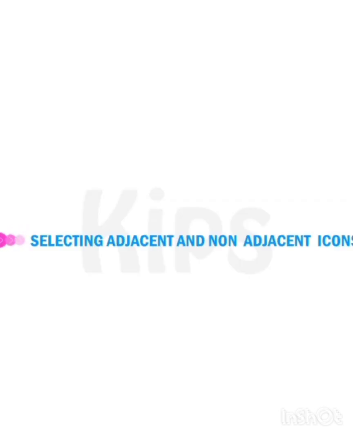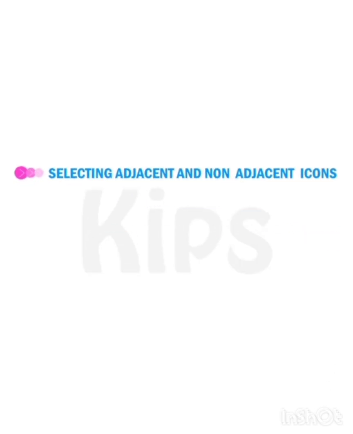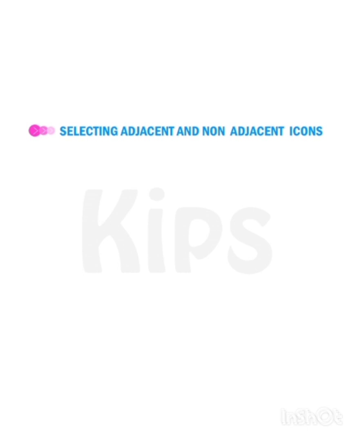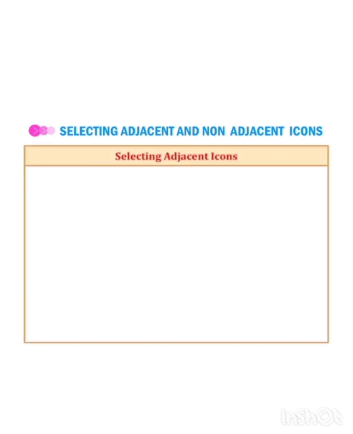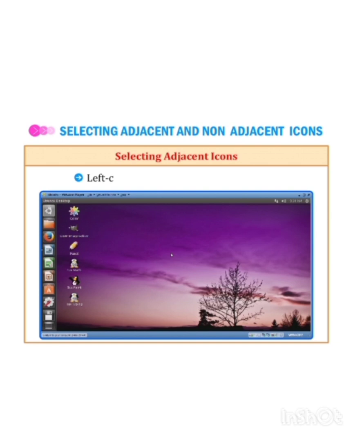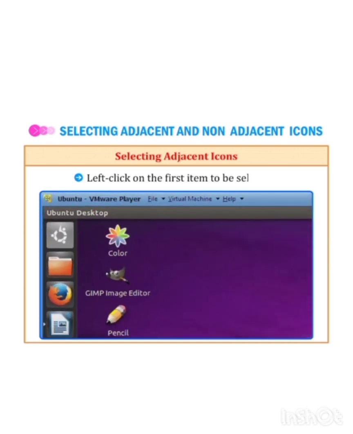Now selecting adjacent icons and non-adjacent icons. For selecting adjacent icons, left click on the first item to be selected. Hold down the shift key and click on the last item to be selected.